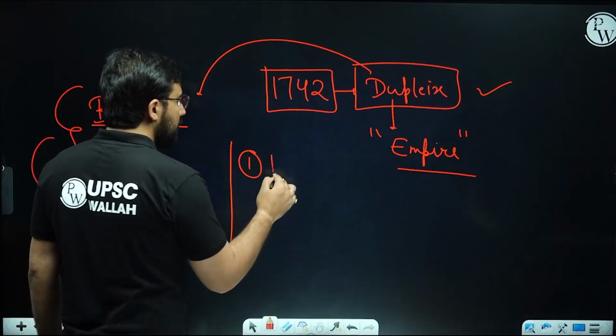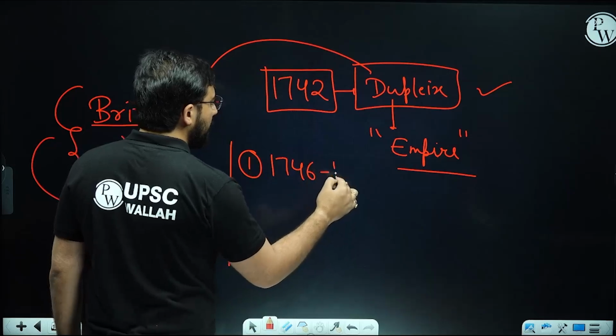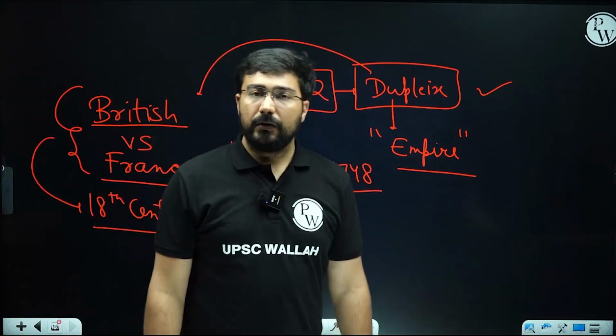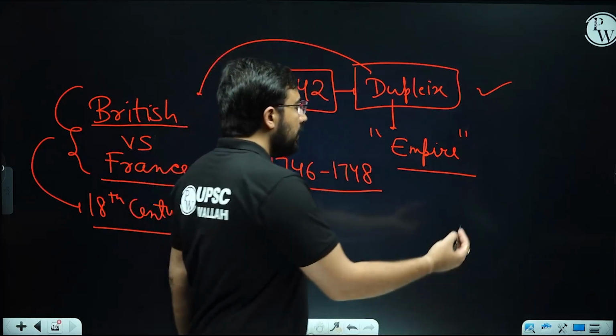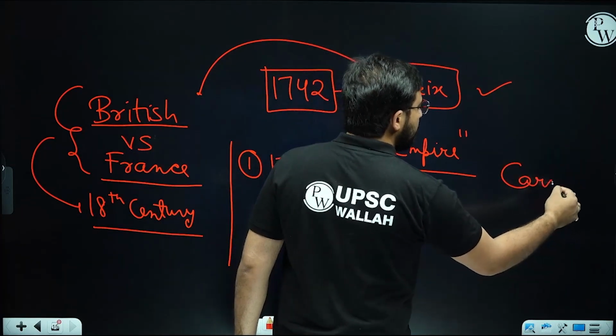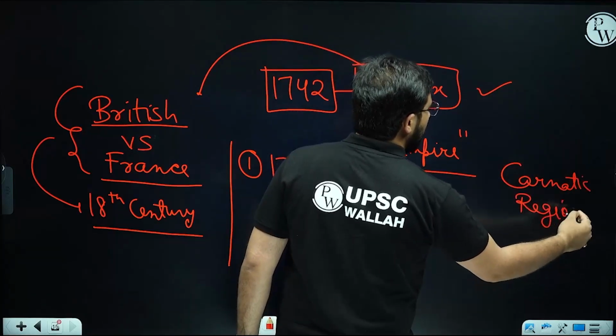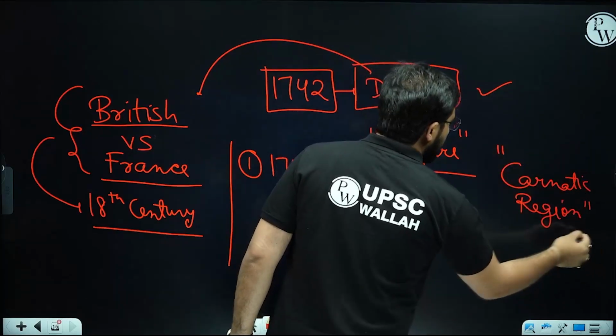Three Carnatic Wars were fought, the first from 1746 to 1748. This is known as the First Carnatic War. Carnatic is the coastal region in Tamil Nadu. Initially, it was known as Cholamandalam.